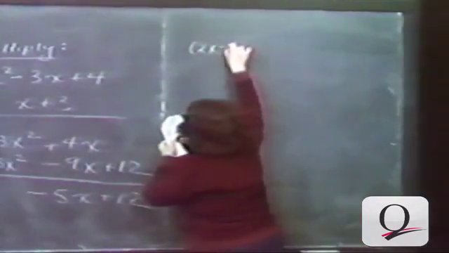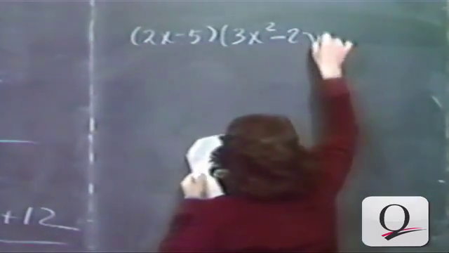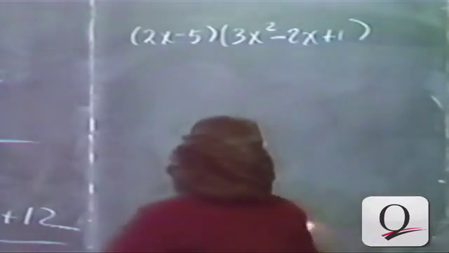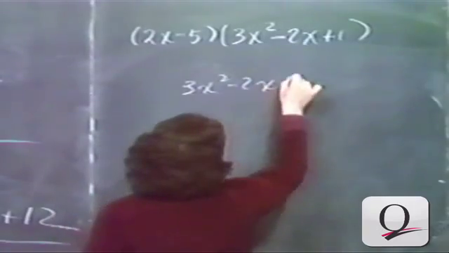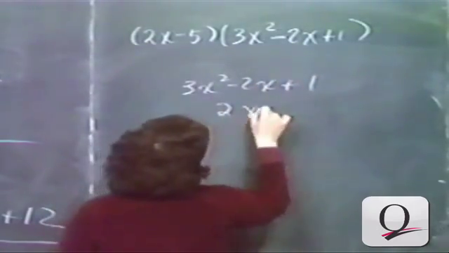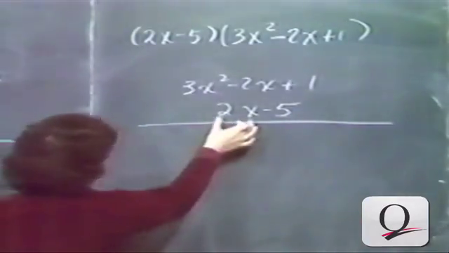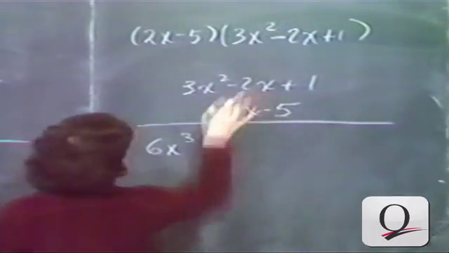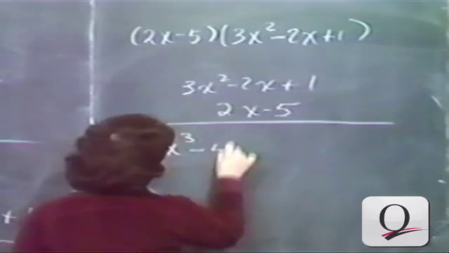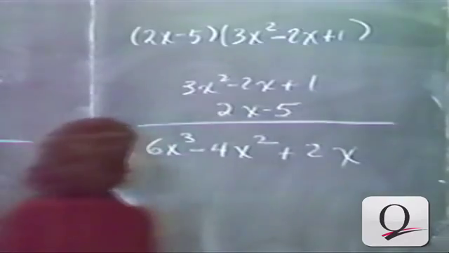You want to multiply 2x minus 5 times 3x squared minus 2x plus 1. Okay, I'll do this with the vertical treatment, so I'll write 3x squared minus 2x plus 1, and underneath it 2x minus 5. And then I'll say 2x times 3x squared, that gives us 6x cubed. 2x times minus 2x gives us minus 4x squared. 2x times 1 gives you plus 2x.